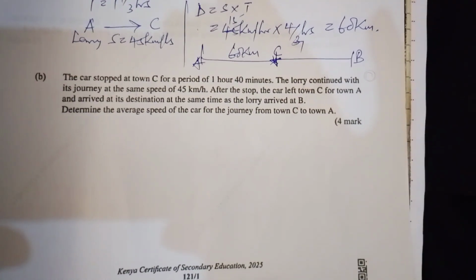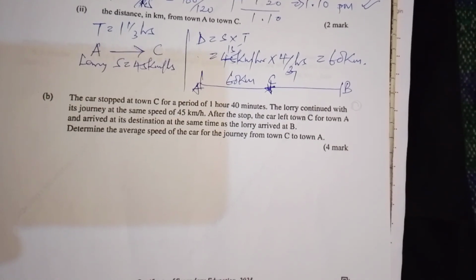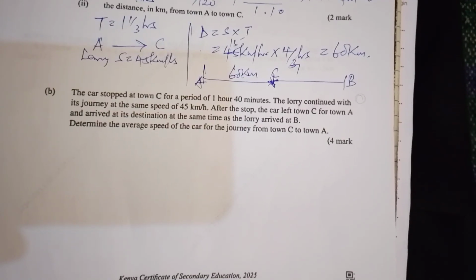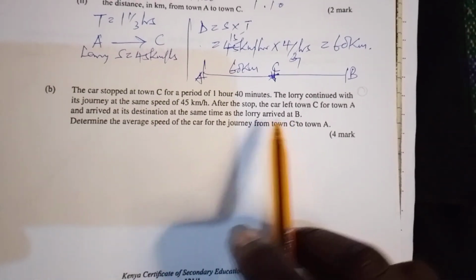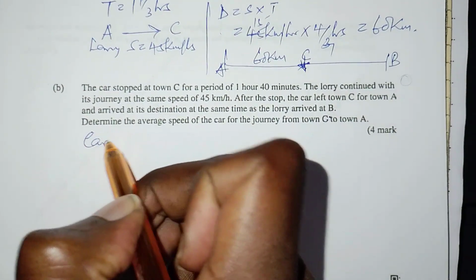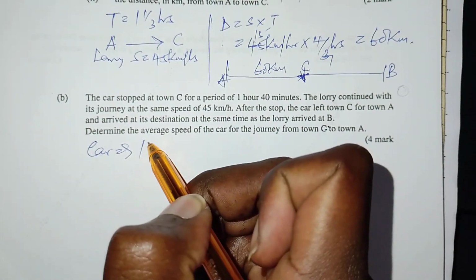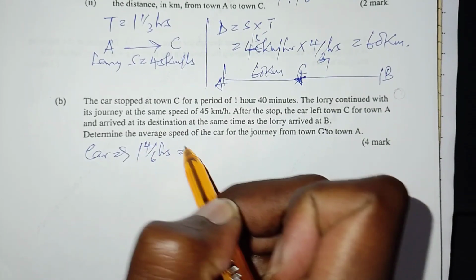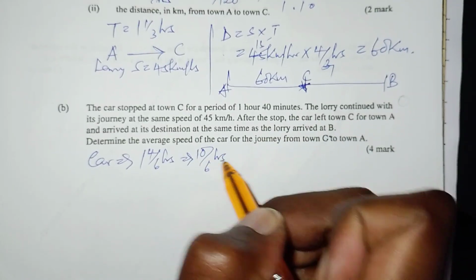After the stop, the car left town C for town A and arrived at its destination at the same time as the lorry arrived at B. So the car stopped at town C for 1 hour 40 minutes, which is 1 and 4/6 hours, which is 10/6 hours.